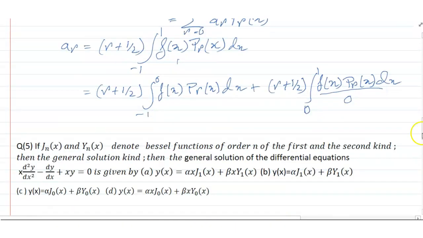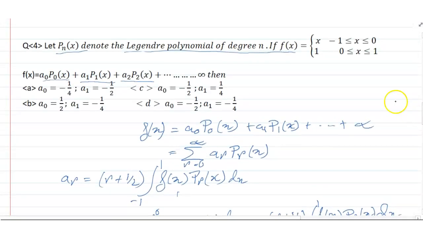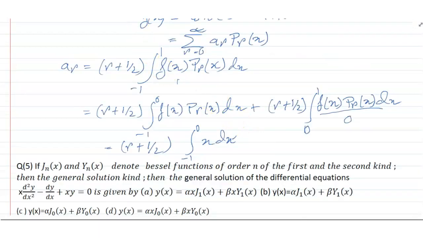So whatever we get, I get this value r plus half into integral from minus 1 to 0 of x into prx dx. Why this value is x? Because fx is equal to x on this interval.